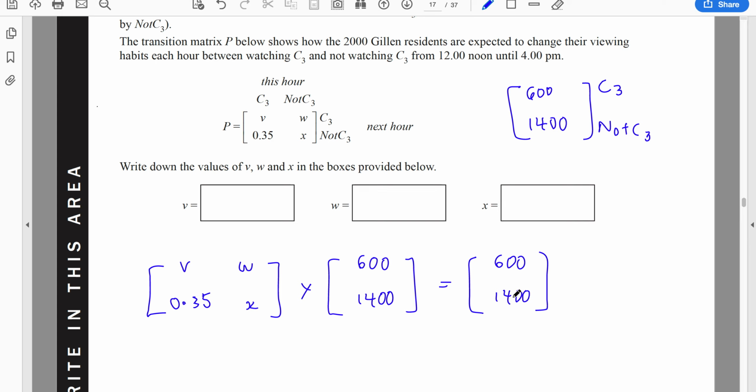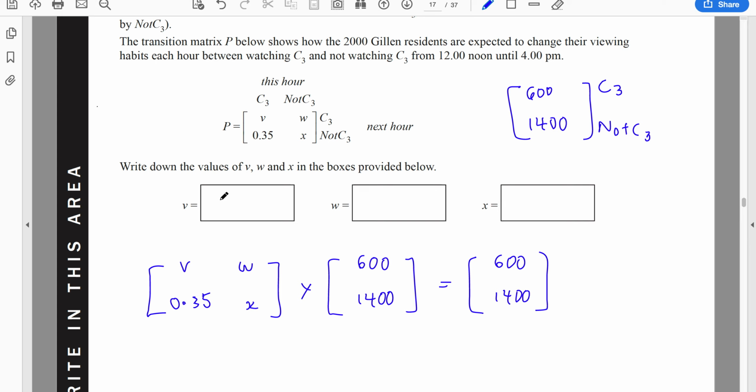So to start off with, since there are no new residents coming into this system, so we've got 2,000 residents altogether, there's no one new sort of turning on, what I should see is this V value should be the complement to the 0.35. In other words, this should still add up to 1.